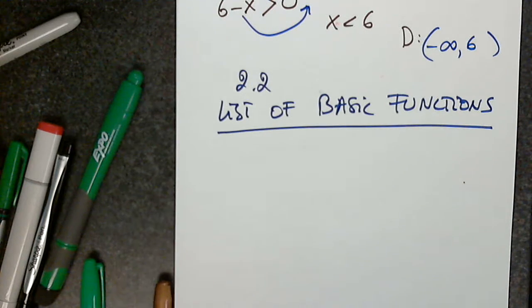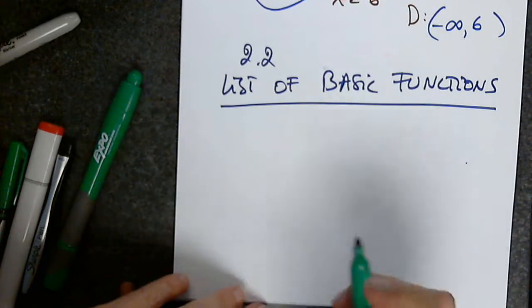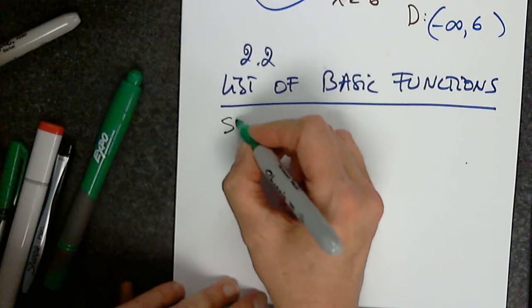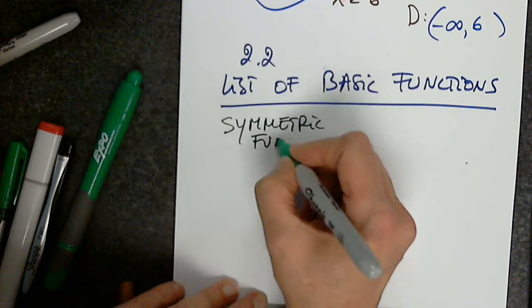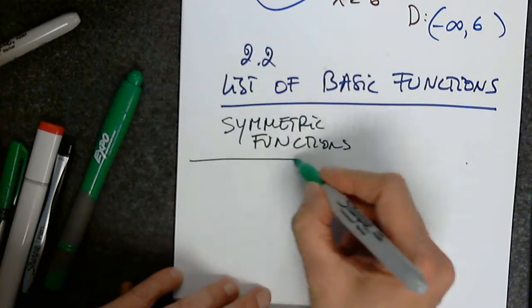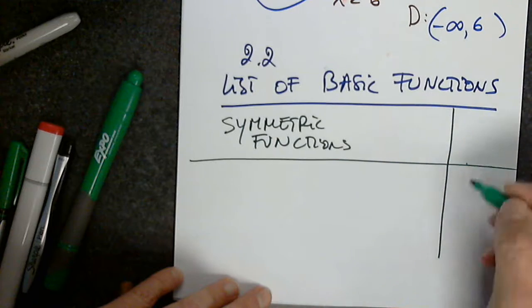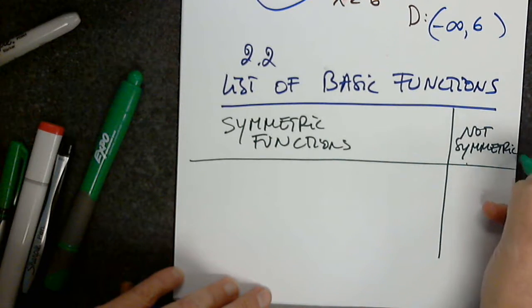Okay. Before we list those functions, and there are many more, I would like to discuss the types of functions that we will encounter. We may encounter symmetric functions, or we may encounter not symmetric functions.